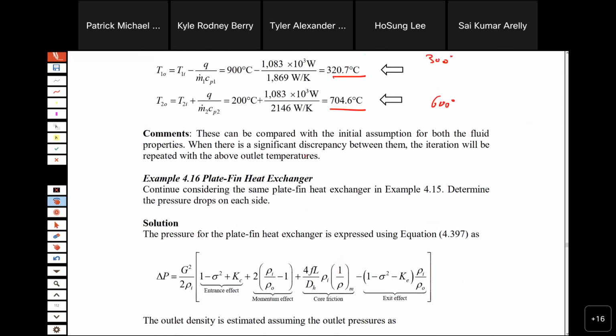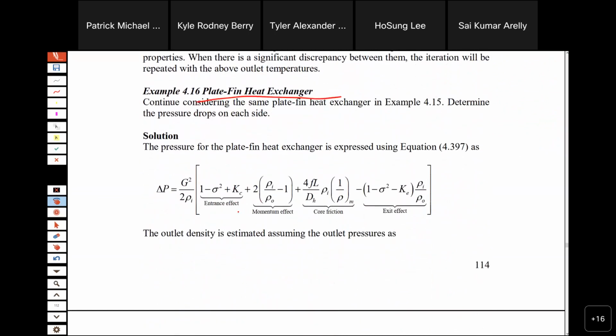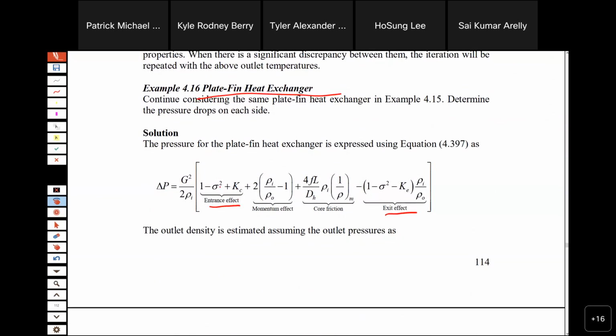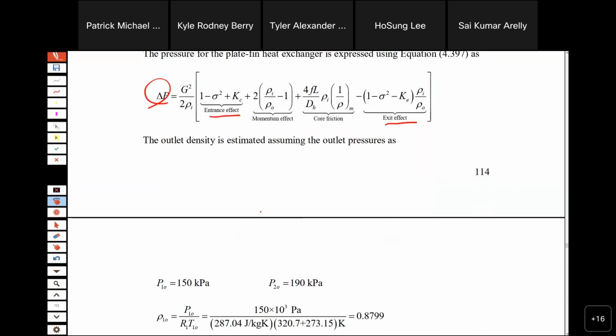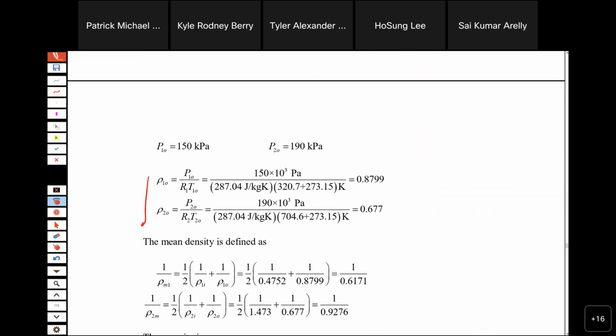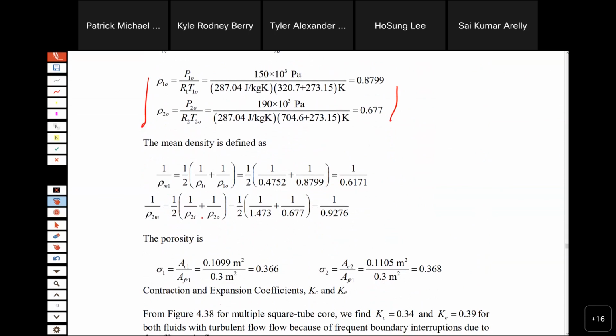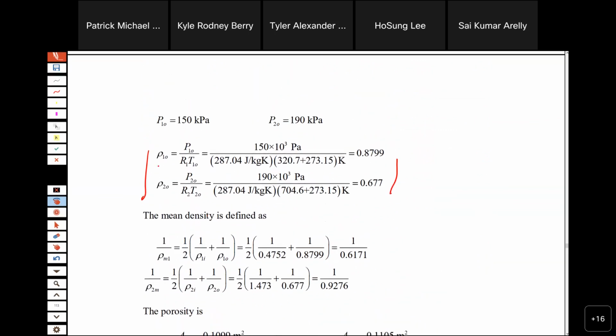Now, the problem is the pressure drop. For pressure drop we use the effect of contraction and the effect of expansion. You remember. But the problem is density is so complicated. P1 is okay, we calculate, and state 1 is okay, but state 2, the outlet, once we have temperature and the pressure, yes, we can calculate.